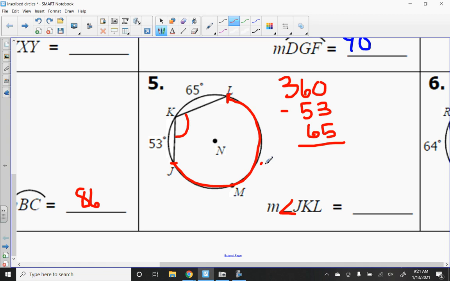This long red arc, over half the circle, is 242. Now this inscribed angle is not equal, it's half. So your math to get this is 242 divided by 2. So that would be 121.